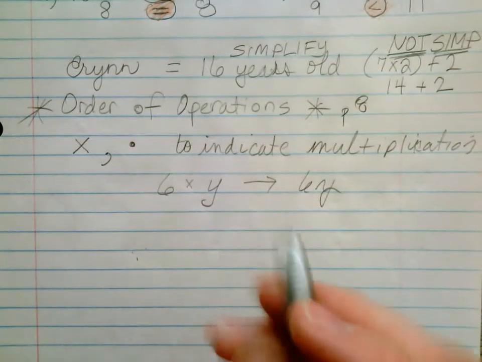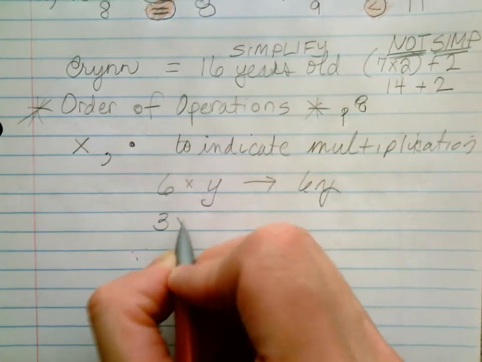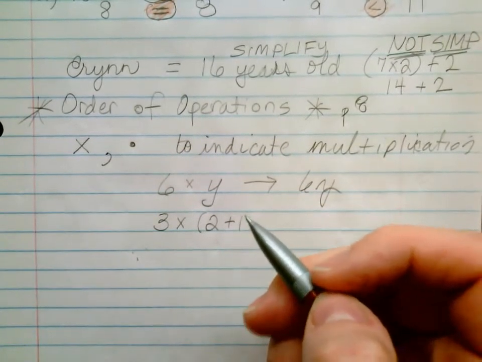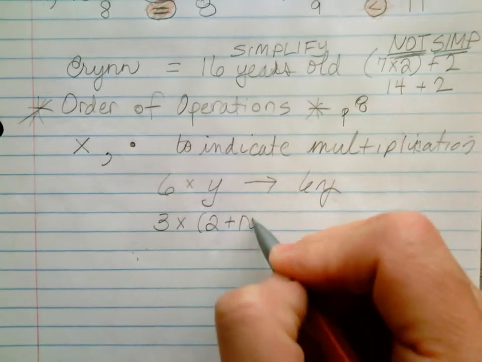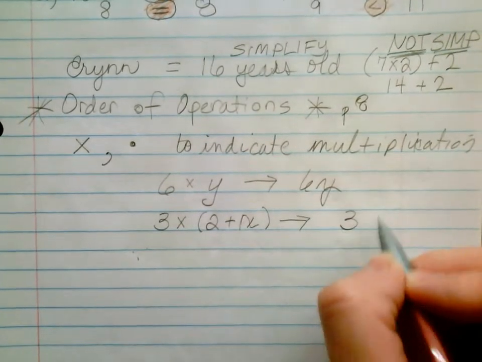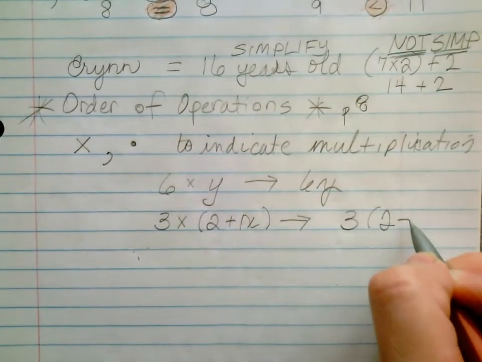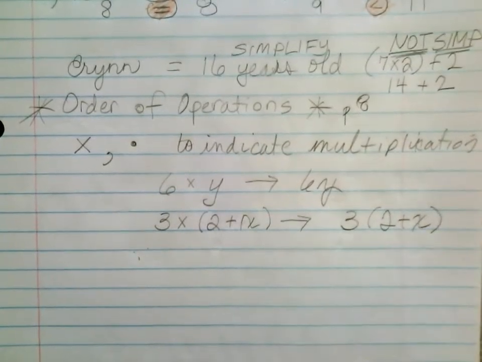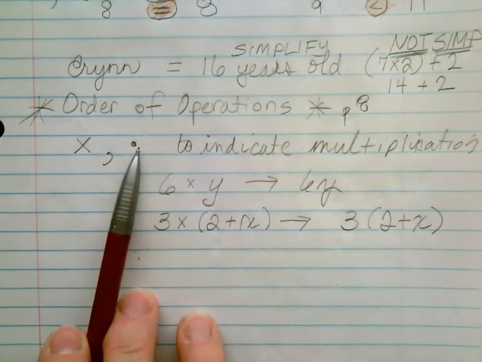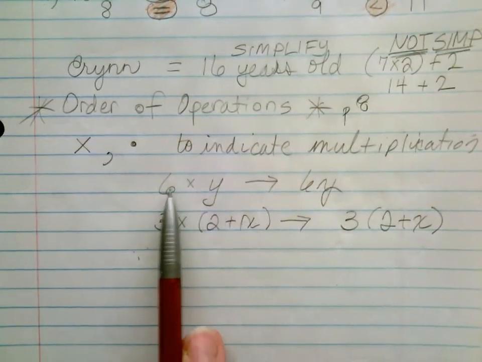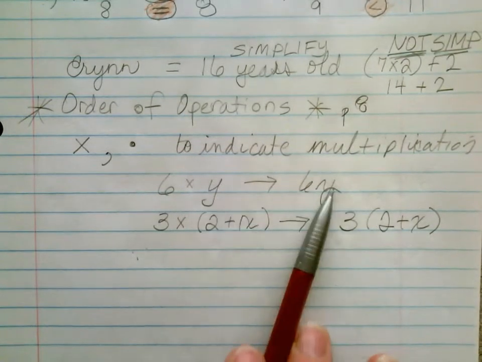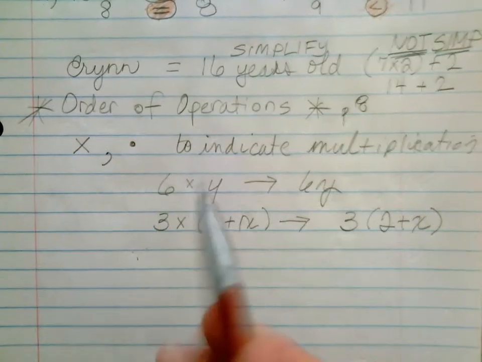Instead of writing 3 times 2 plus x, you'll see me write 3 parentheses 2 plus x. Okay? The dot and the x no longer are going to be used much in your textbooks. It's going to be assumed that you know letters next to each other or numbers next to each other mean multiply.